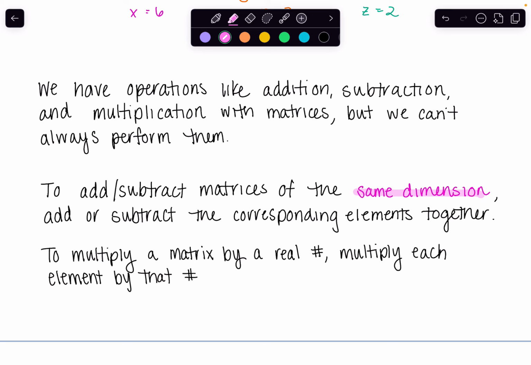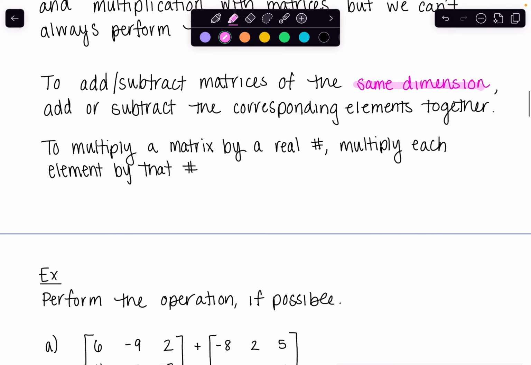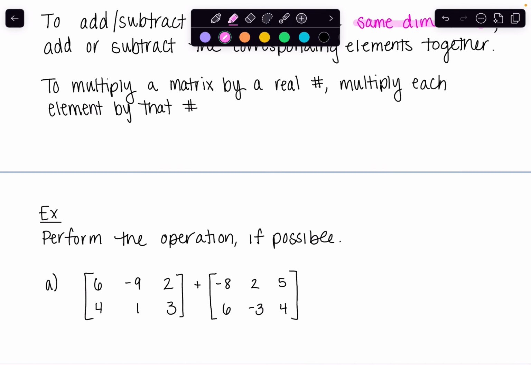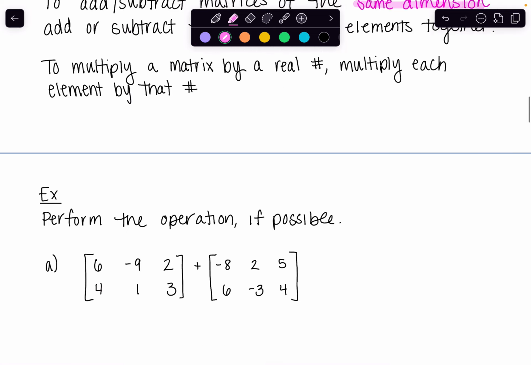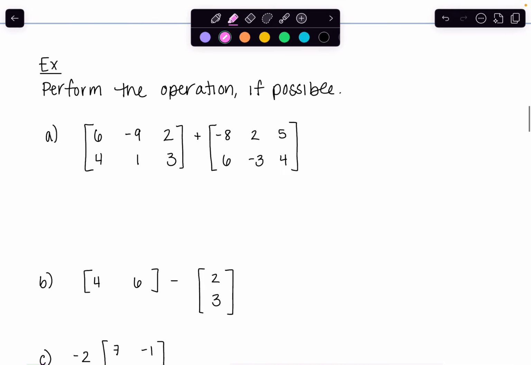You're just going to multiply every single element by that number, right? So let's try some examples of this before we get to the more complicated bit, which is multiplying matrices. And that's where we're going to spend the bulk of our time. So we're going to perform this operation if possible.